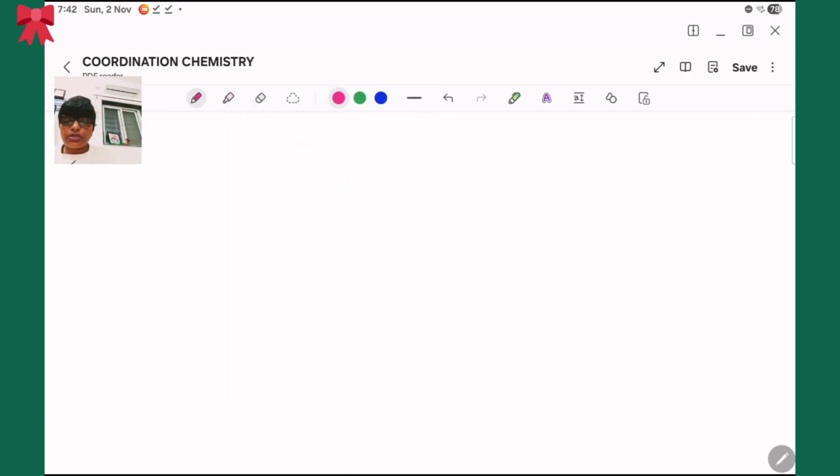Now I'll give you the last example, and with that we'll stop here and continue in the next session. I'll take this quite famous example, CuSO4.5H2O.